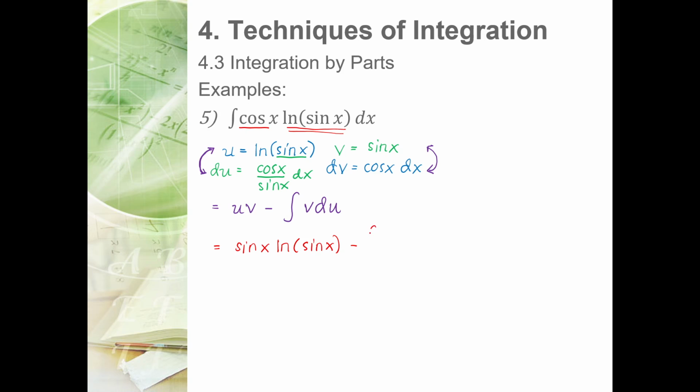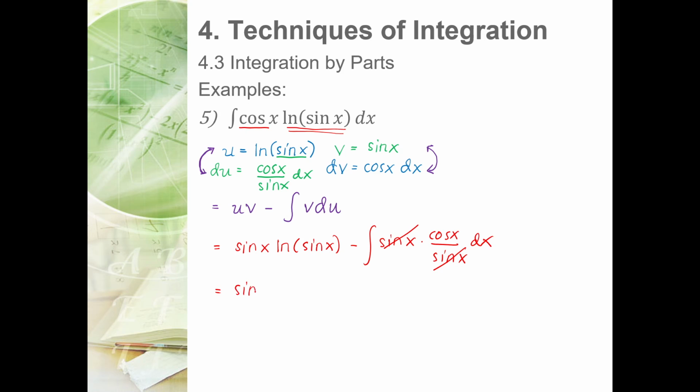Minus the integral of v du: sine x, then times the du, cosine x over sine x dx. So we can cancel out sine x.